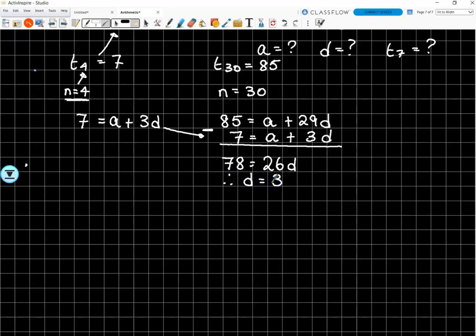How am I going to find A? Sub back in. Which one will you sub into? I know which one I'm going to sub into. The lower one. So to get A, I'm going to go 7 equals A plus 3 times 3 is 9. So therefore, A equals minus 2. Another therefore, Tn is minus 2 plus N take 1 times 3.